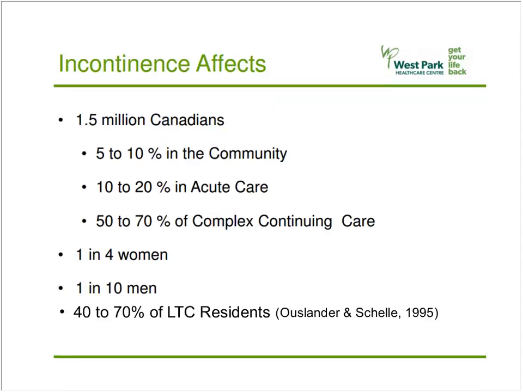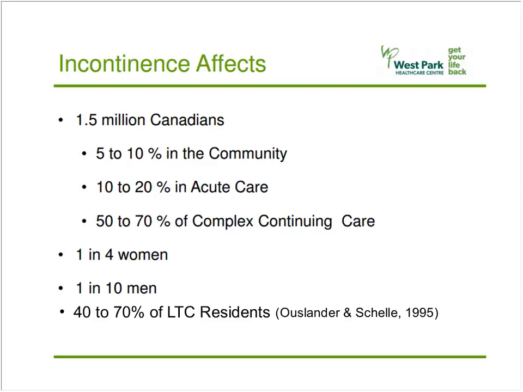Just some stats in terms of who is affected with urinary incontinence. The prevalence in Canada is 1.5 million Canadians. 5 to 10% of those of us that live in the community suffer from this problem. In the acute care sector, 10 to 20%.